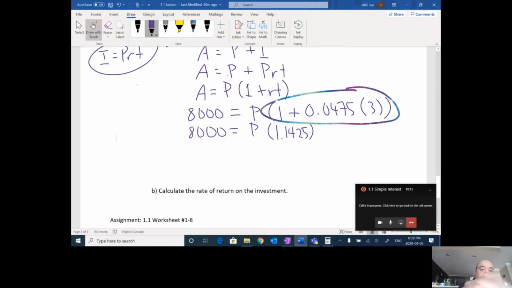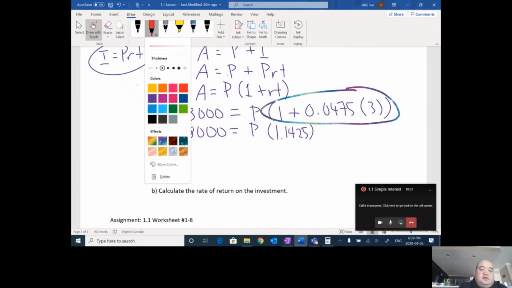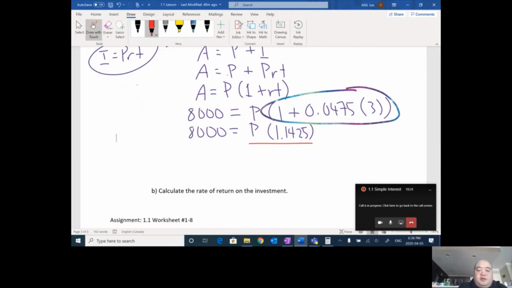Now we can solve for P by dividing both sides by that 1.1425.